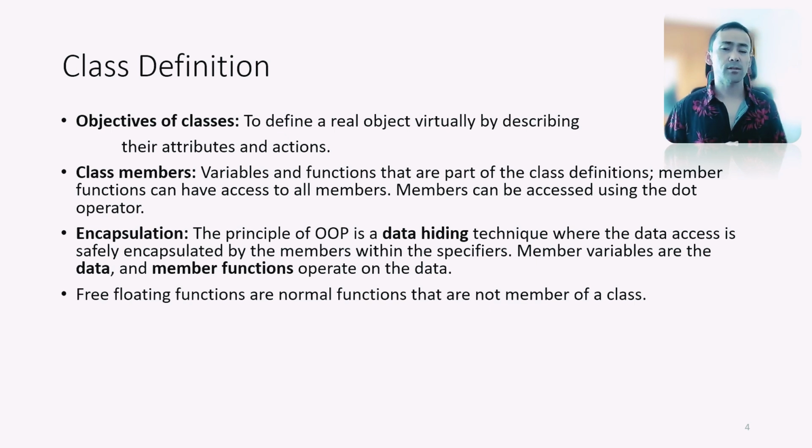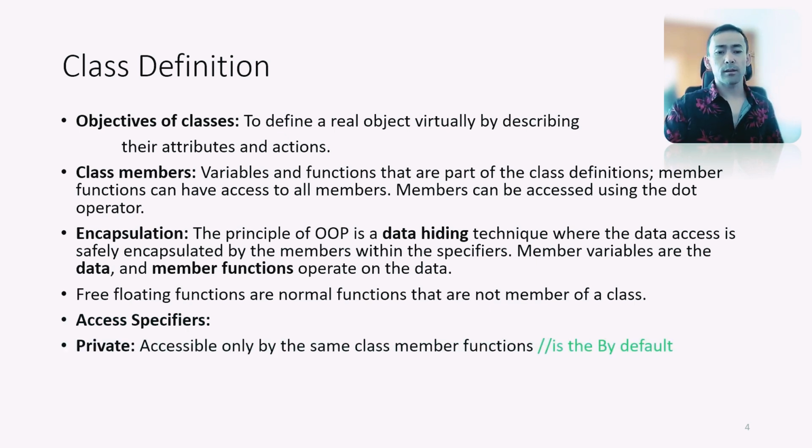Only member functions can operate on that data. Other functions outside the scope of the class are called free-floating functions, which are normal functions and are not part of the class. So when data is inside the protected or private specifier, they cannot have access to the data inside a class.